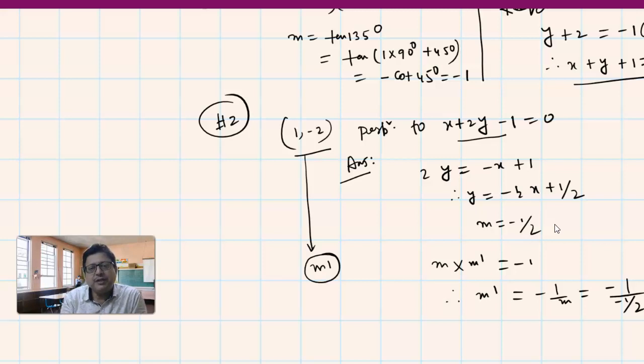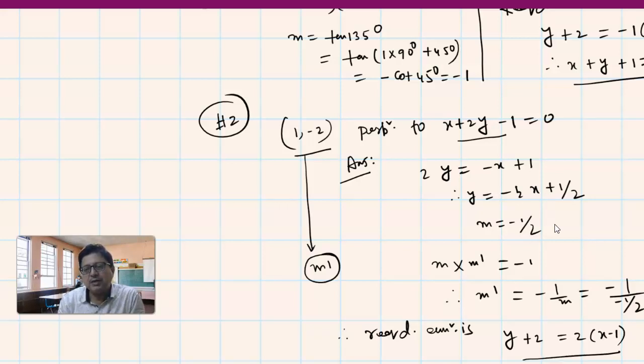So required equation, as it had slope 2 and passing through 1, minus 2, therefore required equation is y plus 2 equal to m dashed, that is 2 into x minus 1.